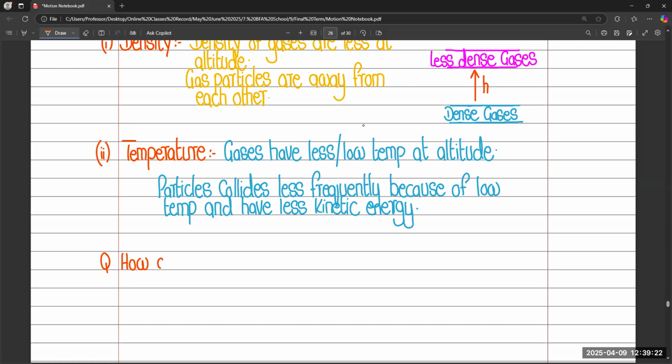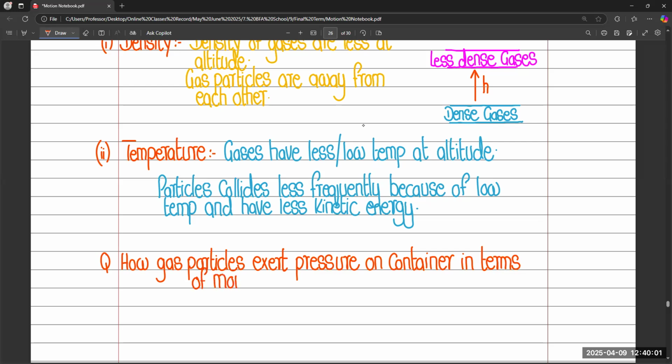The question is: how do gas particles exert pressure on a container in terms of momentum and force?